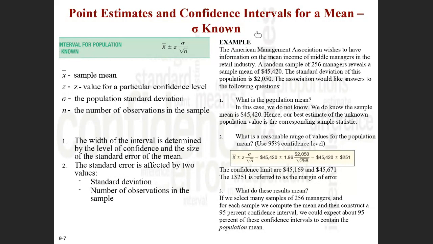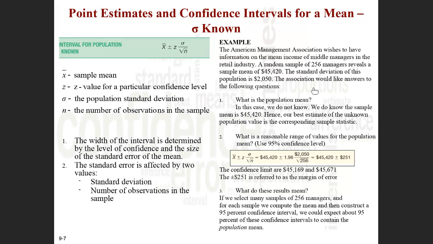The standard error is affected by two values, the standard deviation and the number of observations in the sample. So our example: the American Management Association wishes to have information on the mean income of middle managers in the retail industry. A random sample of 256 managers reveals a sample mean of $45,420. The standard deviation of this population is 2,050.